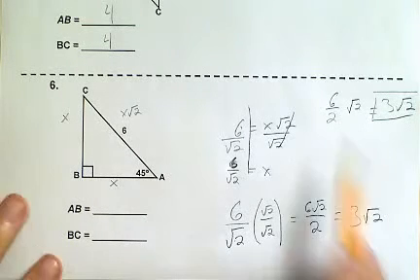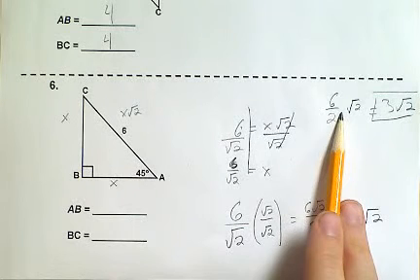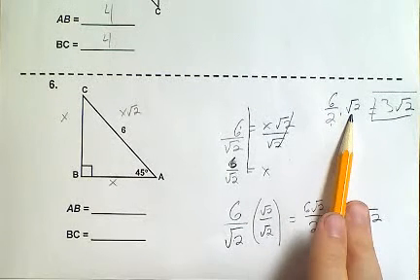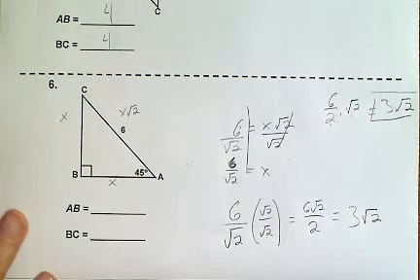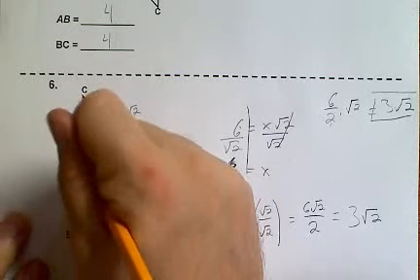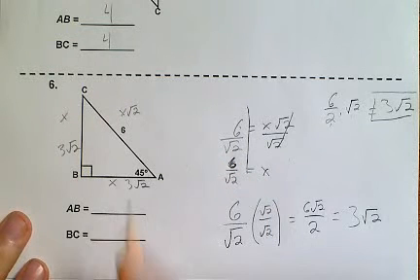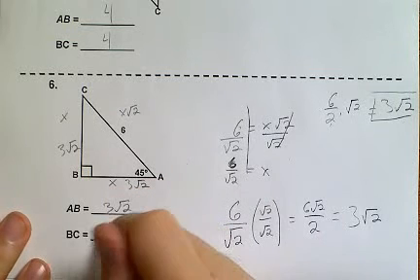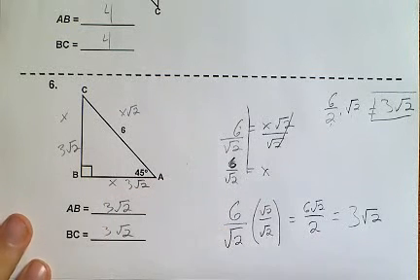And this is the easiest way to divide by the square root of 2: divide by 2, then multiply by the square root of 2. So we know that this is 3 square root of 2, and this is 3 square root of 2. So AB is 3 square root of 2, and BC is 3 square root of 2.